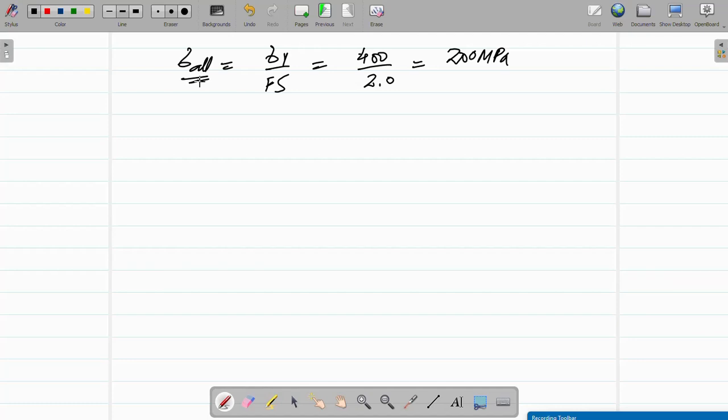Now you have to design a bolt. Design of a bolt generally means that you have to find the core diameter or nominal diameter of the bolt. This is what we talk about.